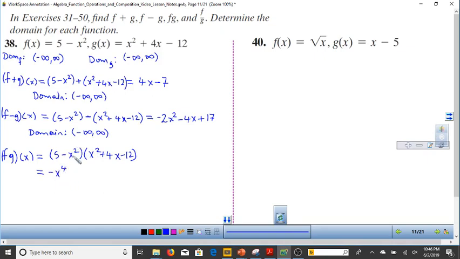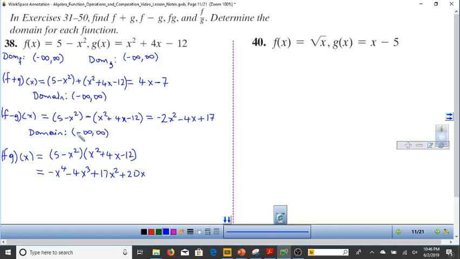Then negative x squared times 4x is negative 4x cubed. Then negative x squared times negative 12 is positive 12x squared. And then 5 times x squared is another positive 5x squared, so that gives us 17x squared. And then 5 times 4x is 20x, and there's no other x terms.